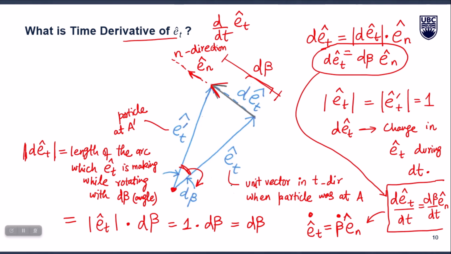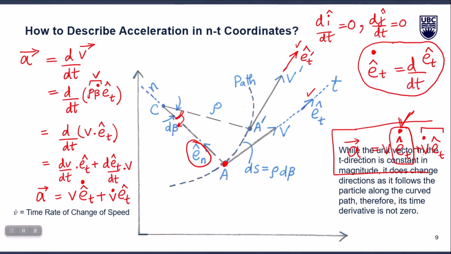So this bottom equation which I am highlighting now is my final takeaway from that whole exercise, that I can now describe the first derivative of e sub t, the unit vector in t direction, in terms of the e sub n direction, and now I can put it in my acceleration equation, which was this equation at the bottom, right?